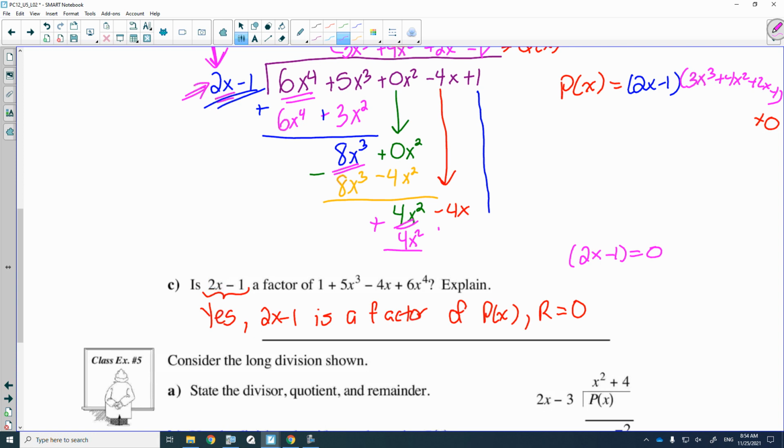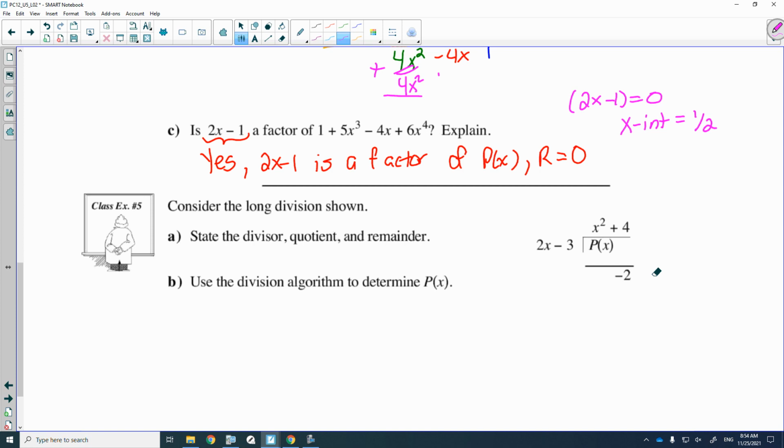Once you set your factor equal to 0, you're going to solve. So add 1 to both sides and divide by 2. You're going to have an x-intercept on this graph at 1/2. So this polynomial function is going to cut the x-axis at 1/2 because it's a factor. If this wasn't a factor, if I got a remainder any other than 0, it would not be a factor. There'd be no x-intercept there.